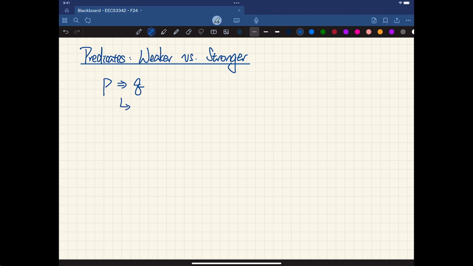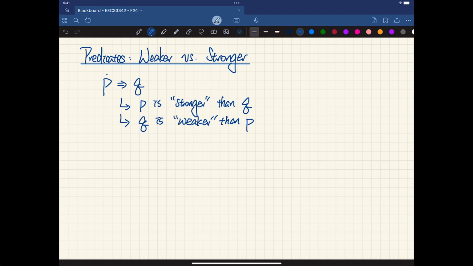We can say that P, the antecedent, is stronger than Q. You can also say equivalently, Q, the consequence, is weaker than P.